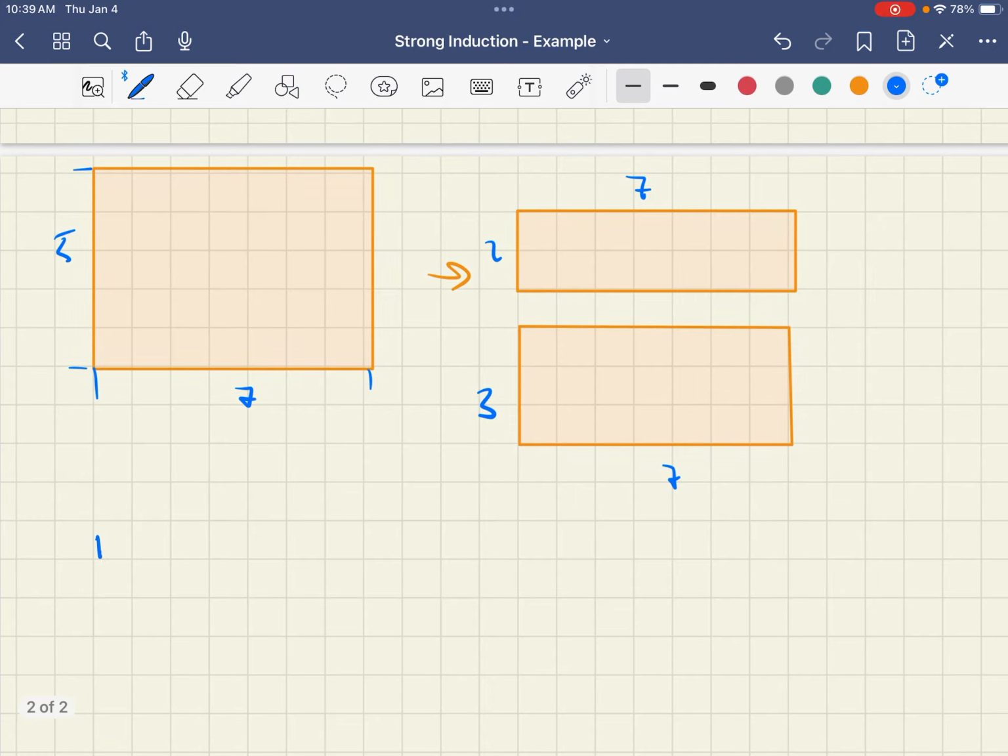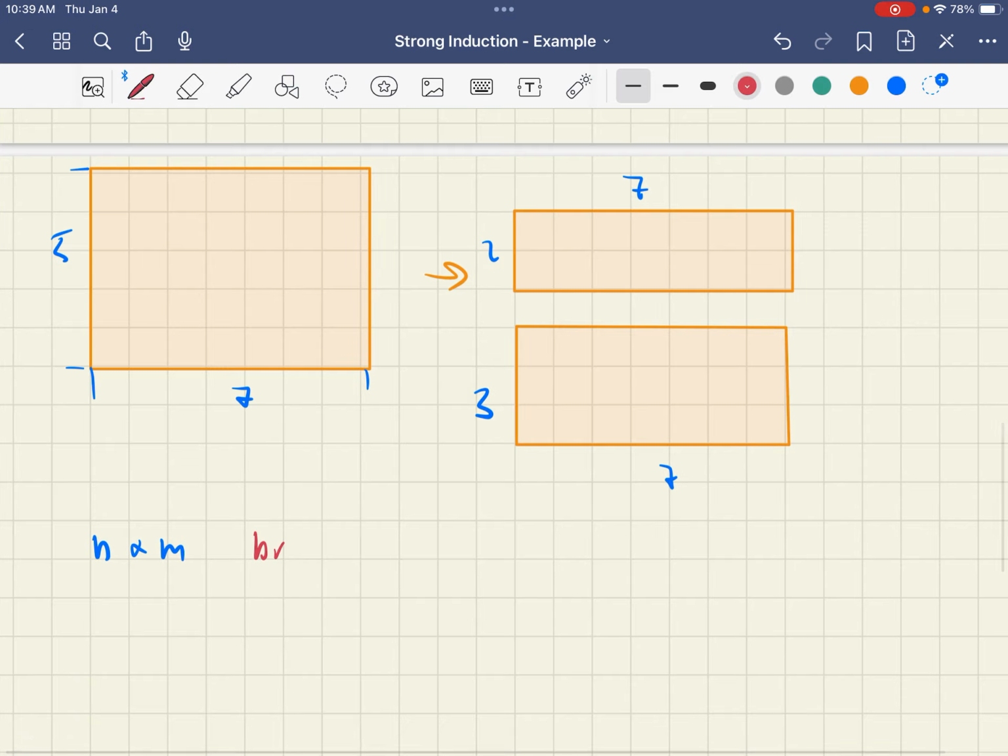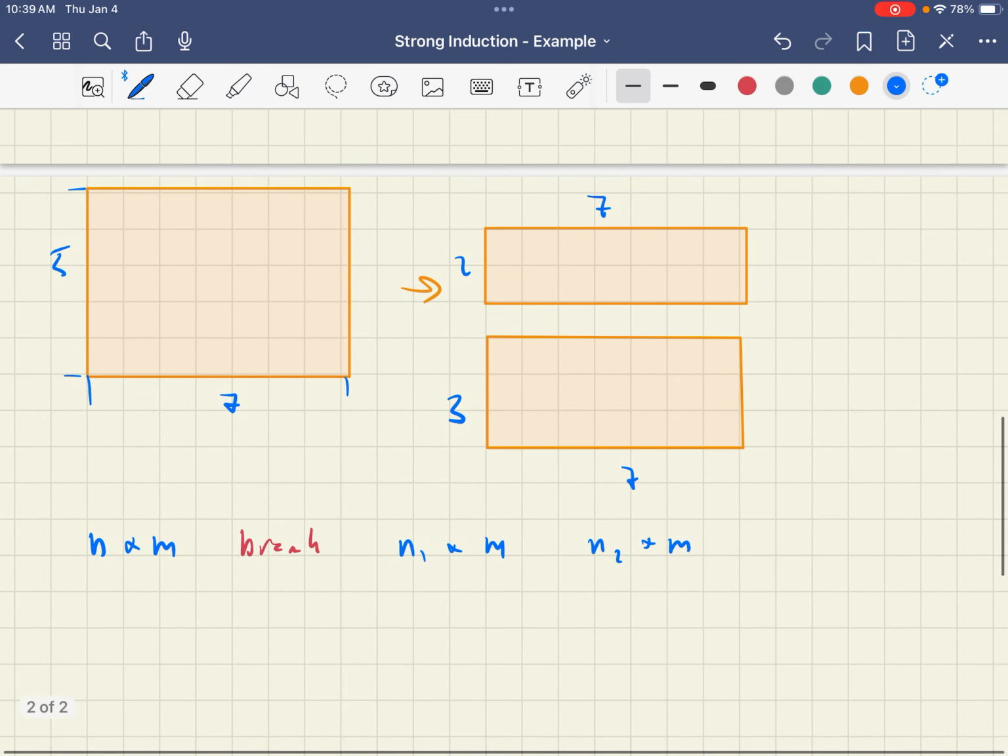Well, if we have an n times m bar, and we break it, then the product is some n1 times m and some other bar n2 times m, right? Why is this important?